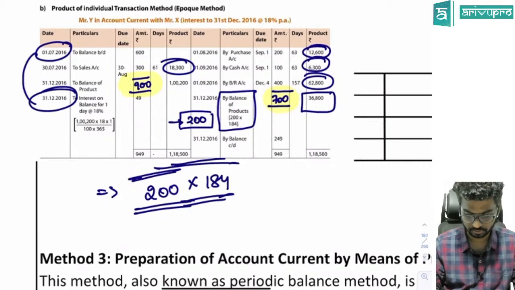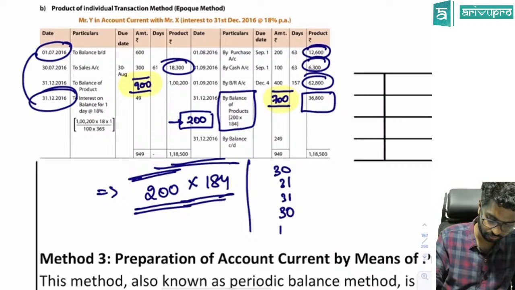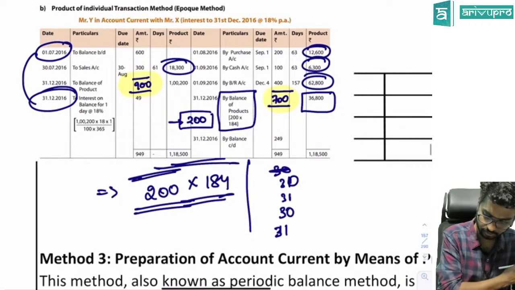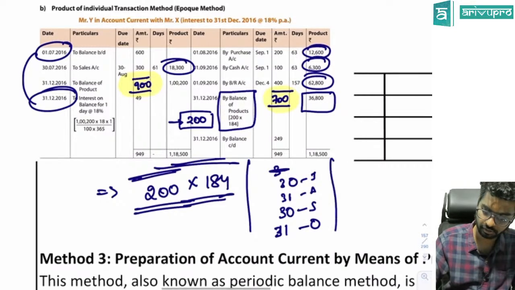See, June, July 31, August 31, September 30, October 31. So it's July, no? Sorry. July, August, September, October.